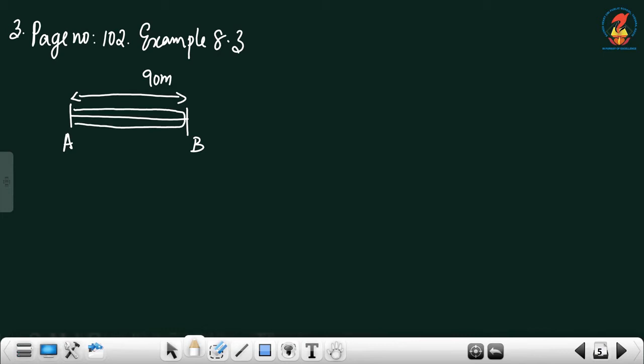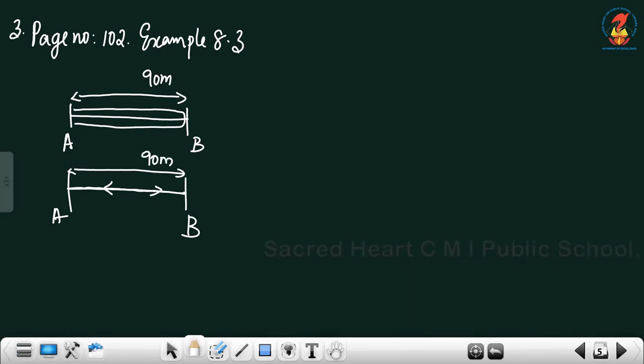But it's in a straight line. Suppose this one is A, this one is B. She starts in this direction and returns along the same straight line. Now, this distance is 90 meter.